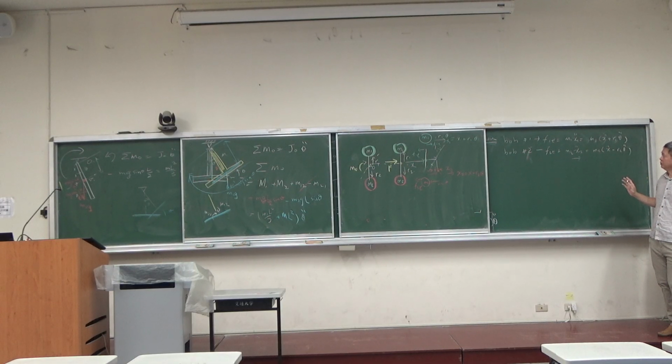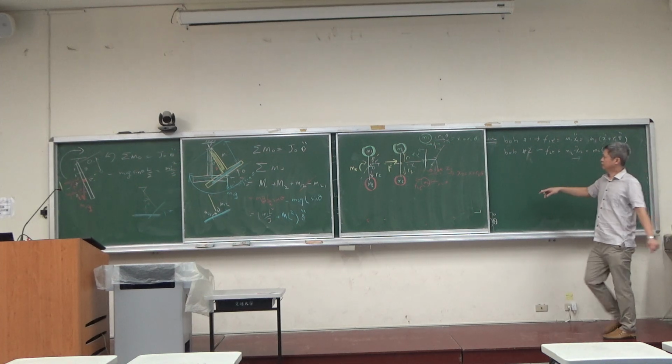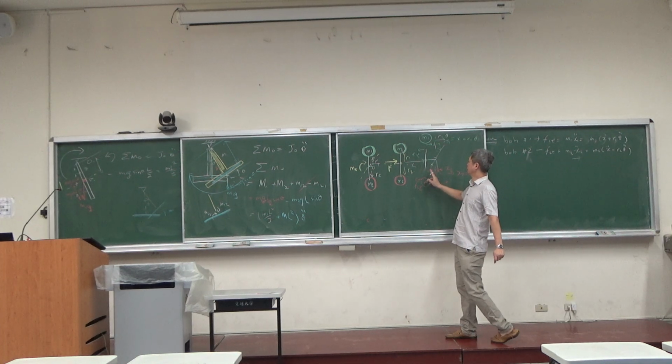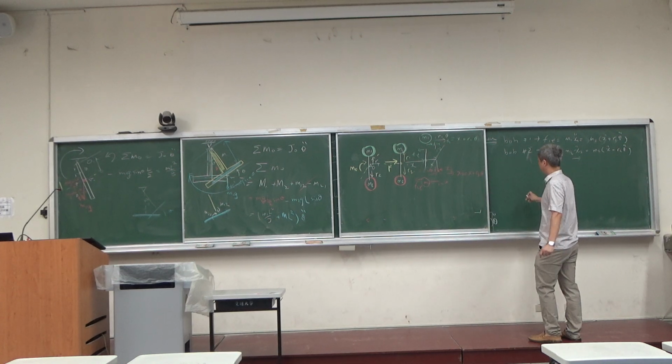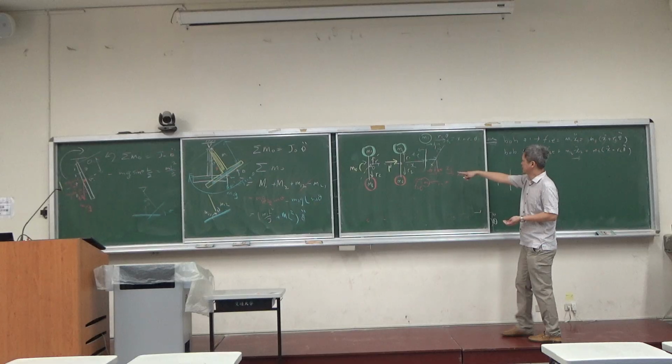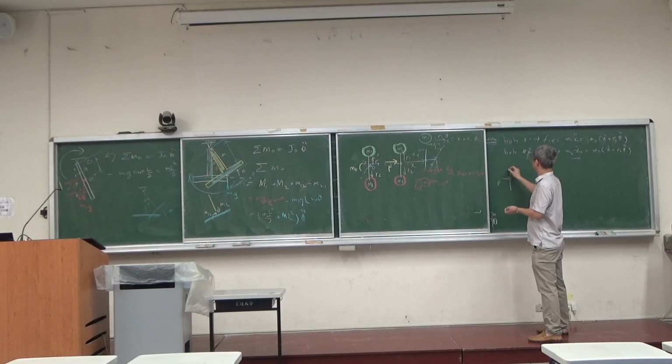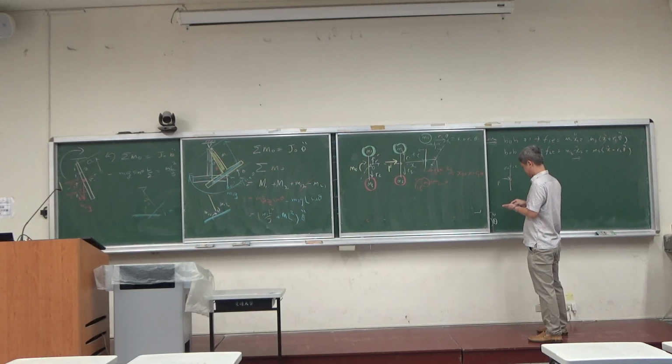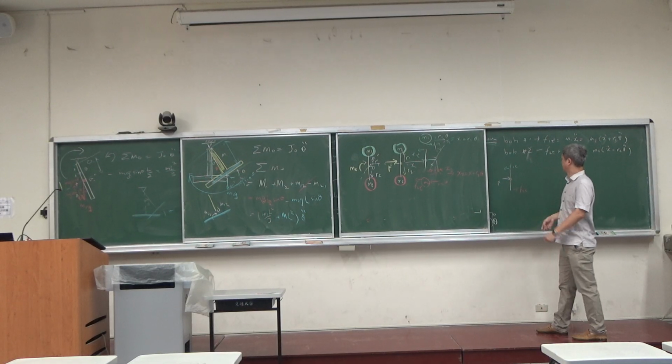Yeah. So now, how about the middle rod? Okay, now come to the middle rod. If I'm going to write force sum for the middle rod, this is where I apply my force. This is where my reaction force is.